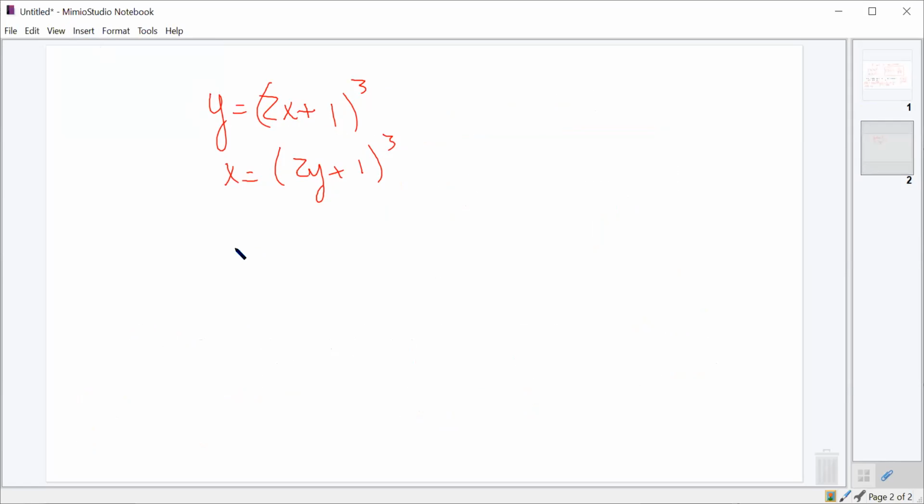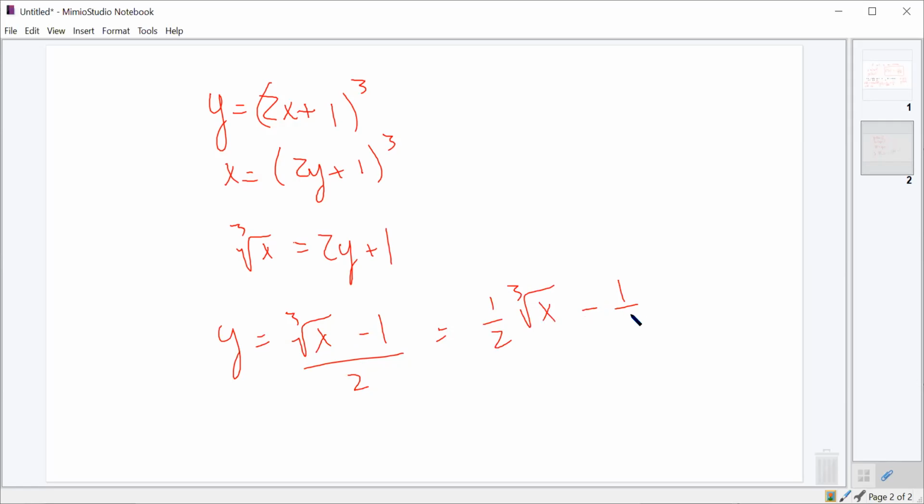You'd end up with the cube root of x is 2y plus 1, so y equals the cube root of x minus 1, all divided by 2. Effectively, this is 1/2 the cube root of x minus 1/2, and this would be g of x.